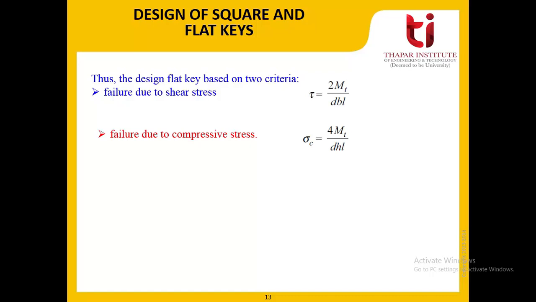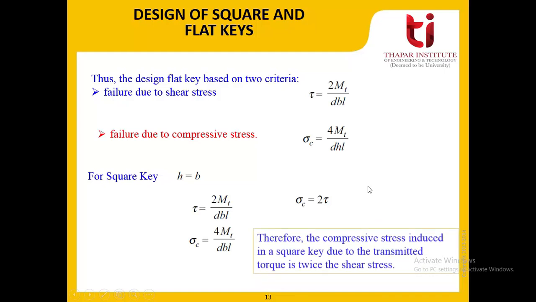Now these are for rectangular keys, but what happens if it is a square key? In the case of a square key, it is evident that b and h are equal. So if we see both these expressions for tau and sigma C, we can definitely say that sigma C is twice the shear stress. So the compressive stress is twice the shear stress developed in the square key, only for the square key, where b is equal to h.